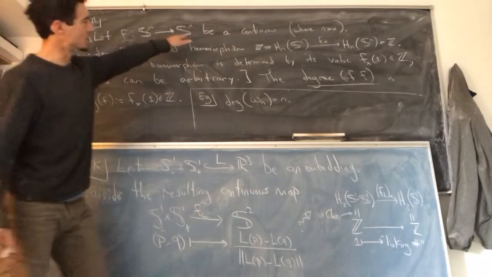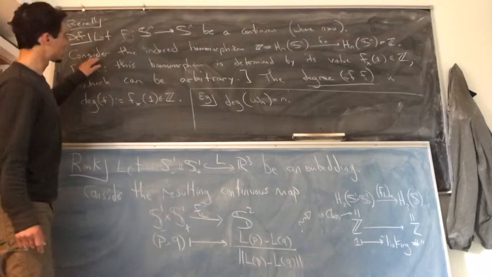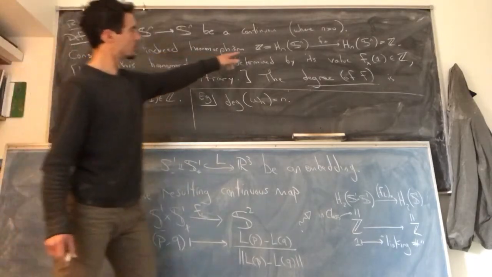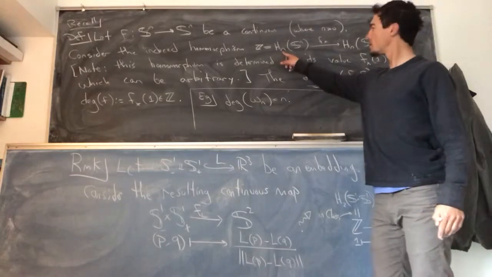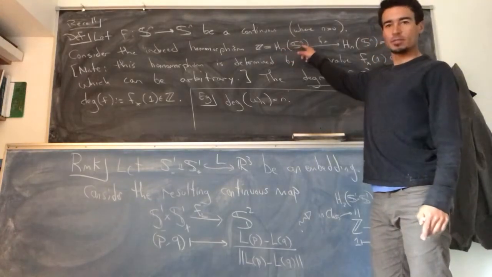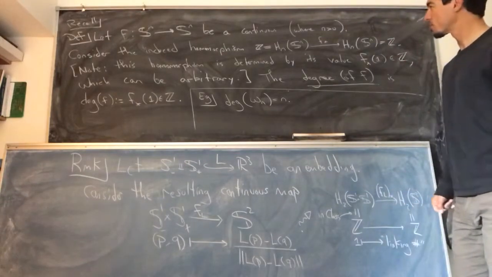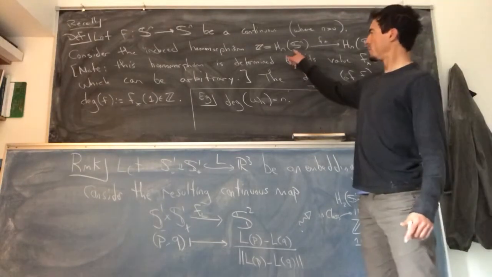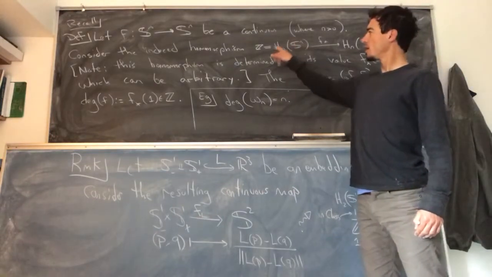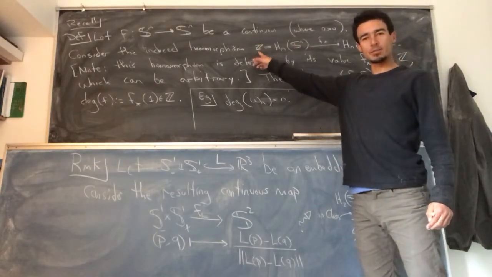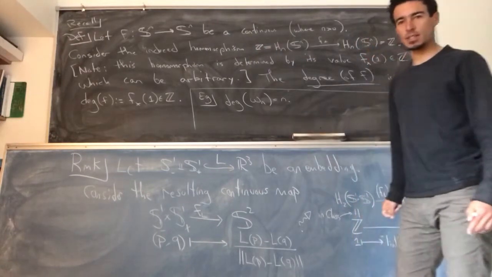If we're given a continuous map between positive dimensional spheres, consider the induced homomorphism between the homology groups of degree n, which is the dimension of the sphere. We've computed that the nth homology group of the n-sphere is canonically isomorphic to, so I'll just say equal to, the integers Z as a group.